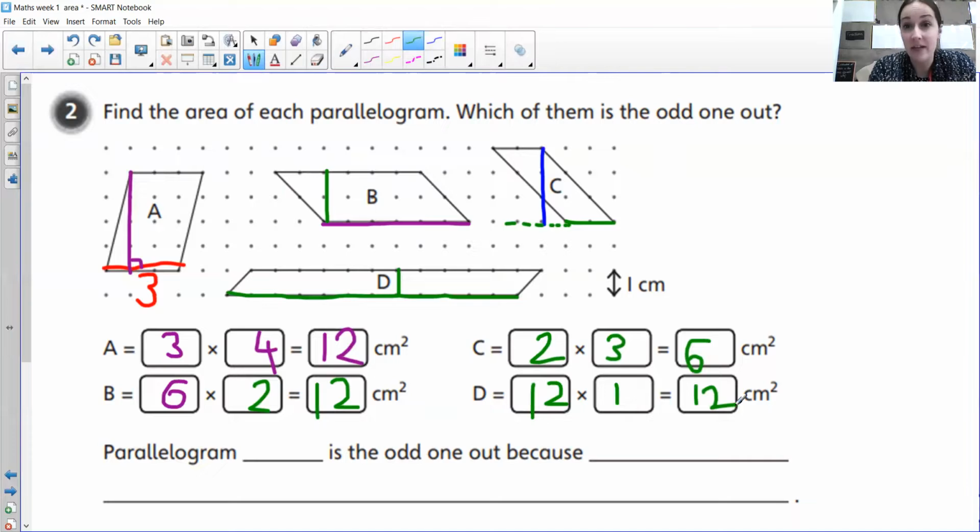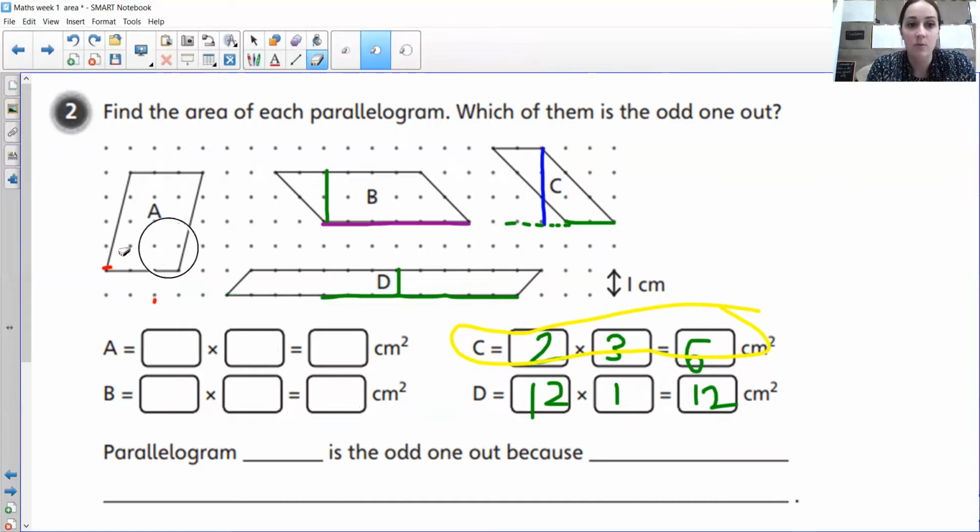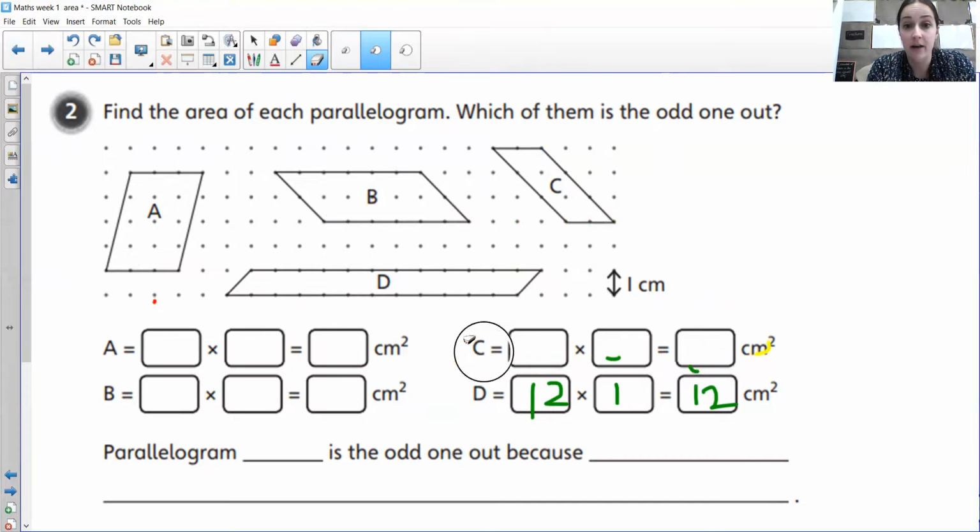Amazing work if you got those right. Second part of that question then was which one of them is the odd one out? So you might have looked at these and thought that D would be the odd one out, but actually the odd one out was C, because C only had an area of 6 centimeters squared, whereas the others were 12 centimeters squared. So really well done if you got those right.